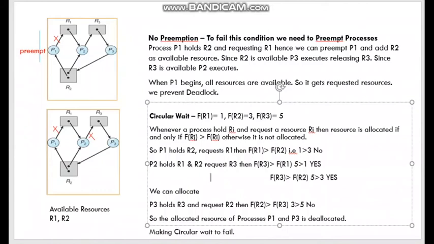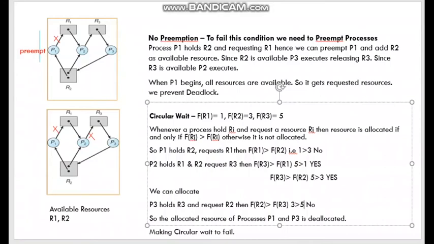Process 3 holds R3 and requests R2, so is f of R2 greater than f of R3? Is 3 greater than 5? No, so I cannot grant it. So this link is broken. You can request, but it is not given.